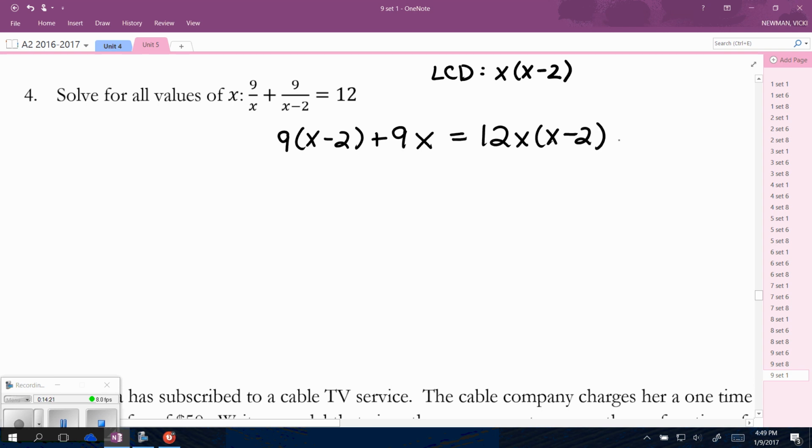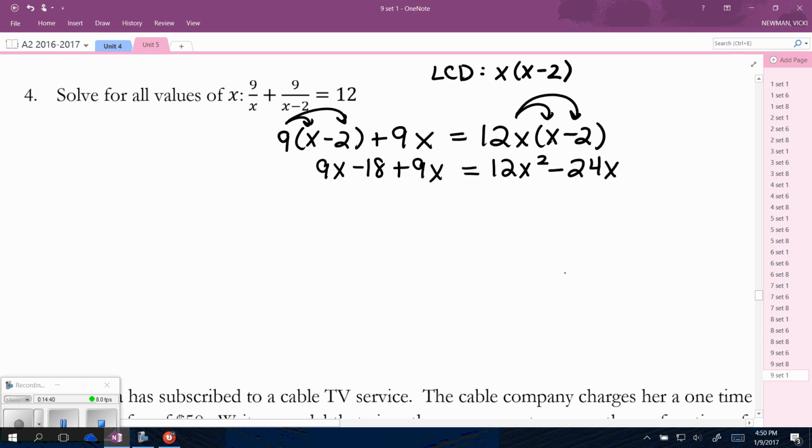No matter which way you solve that, you should get 9x minus 18 plus 9x is equal to 12x squared minus 24x. Combine like terms, so 18x minus 18 is equal to 12x squared minus 24x.